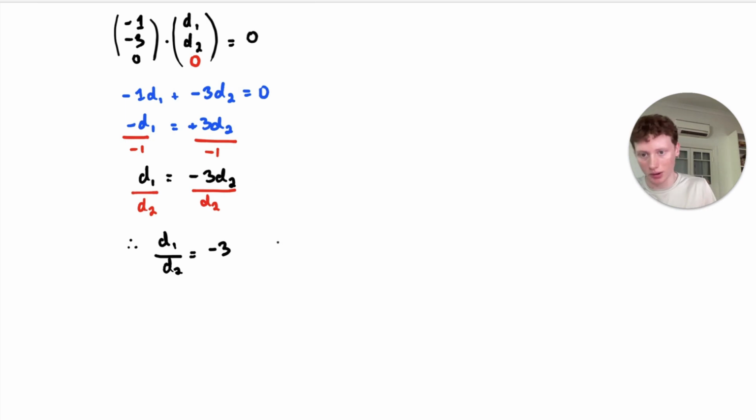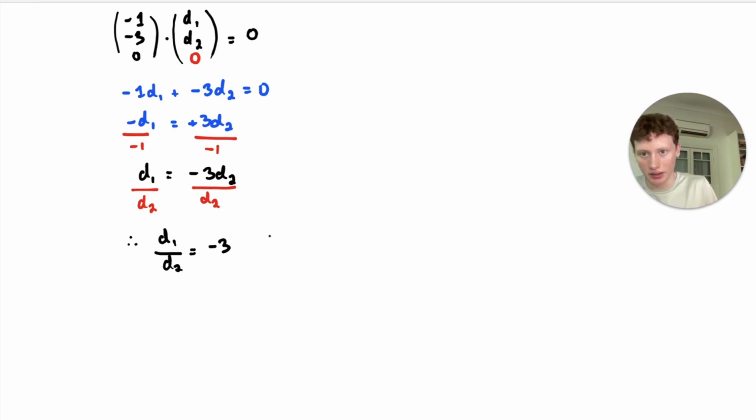The simplest way we can accomplish that is by saying the direction vector D has to equal something in the ratio of -3i, 1j, and 0k. And so that's what we can come up with there.